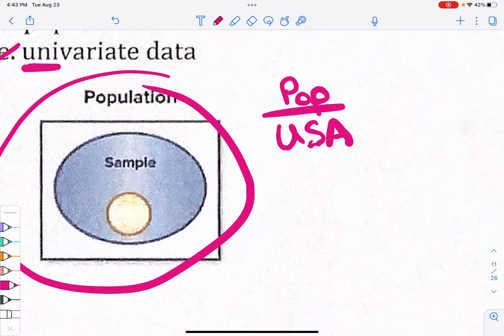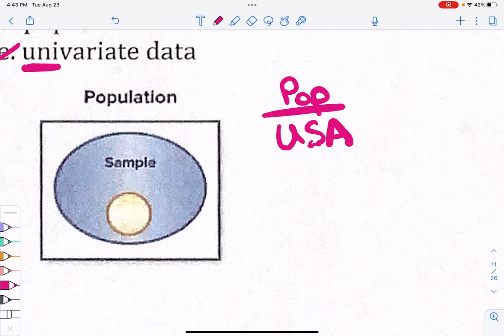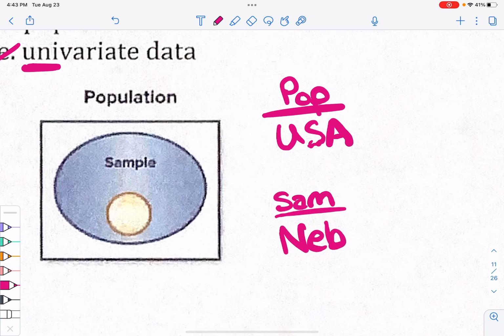And I don't want to survey everybody in the United States. That would take forever. So rather than doing that, let's say my sample is just people in Nebraska, okay? That's going to take some time to collect all the data from people in Nebraska, but it wouldn't take as long as gathering data from everybody in the U.S., okay?